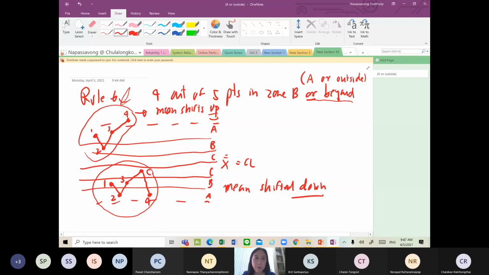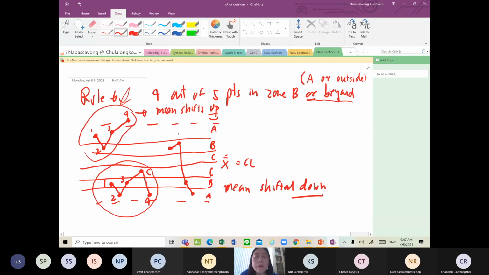If you have this background, then we will go back to the workshop again. One more thing, everyone think about this. If we have, for example, 2 points here in zone B, and 2 points here in zone B or beyond, then you actually have 4 points in zone B or beyond.